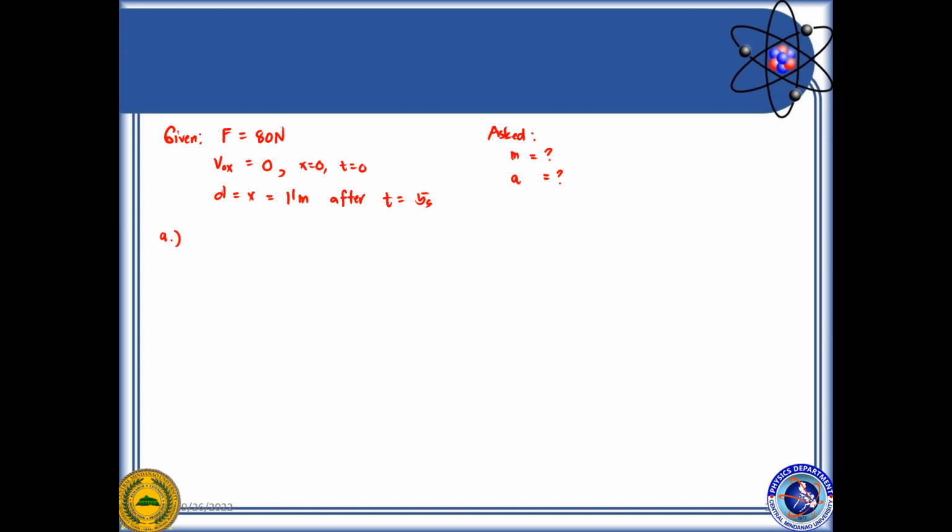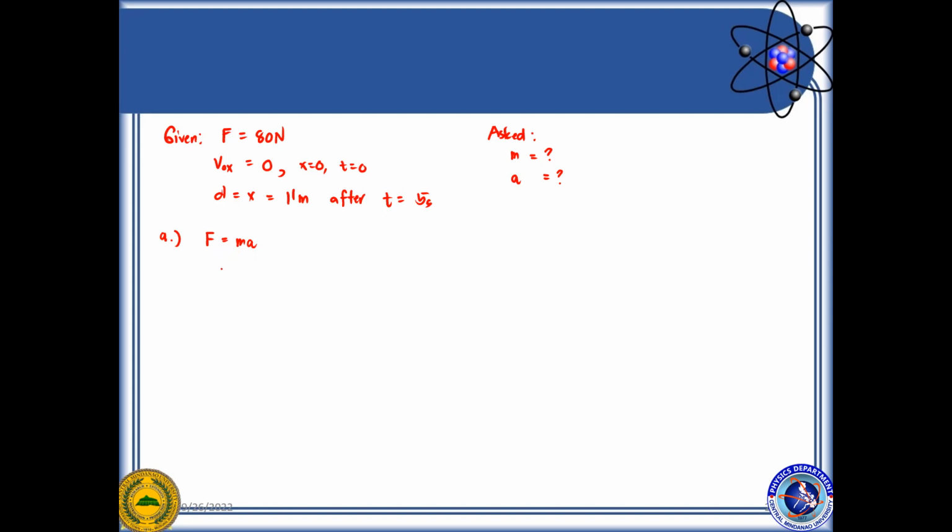In order to solve this, we need to first recall the important equations that we can use for this problem. So we have F is equal to ma. Since the object is accelerating, we have Newton's second law of motion, the law of acceleration, F equals ma.